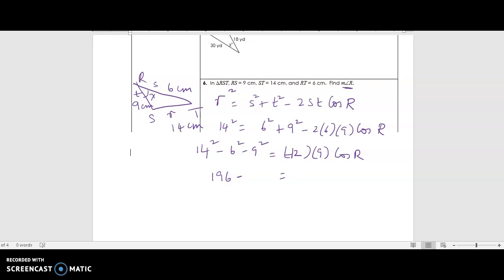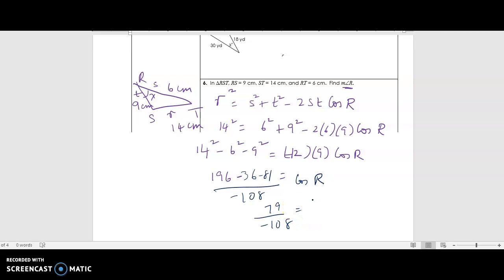So it's going to be, sorry about that, 196 minus 36 minus 81 and divided by negative 108 equals cosine of R, and it'll be somewhat like 79 divided by negative 108.